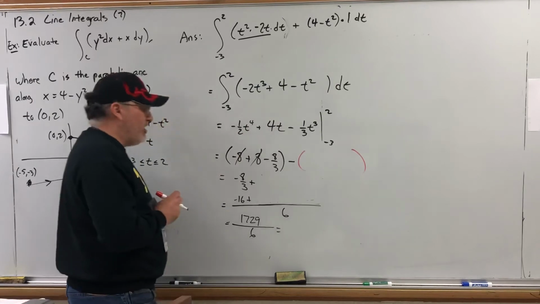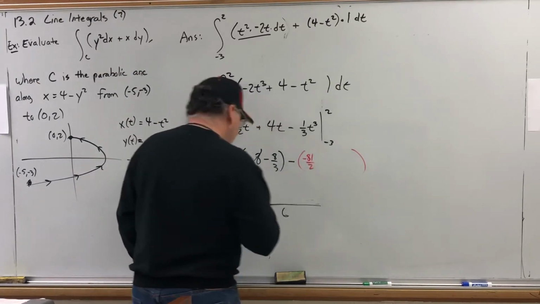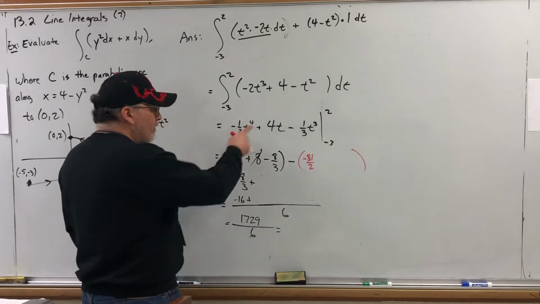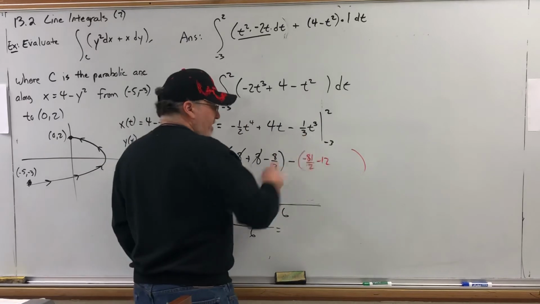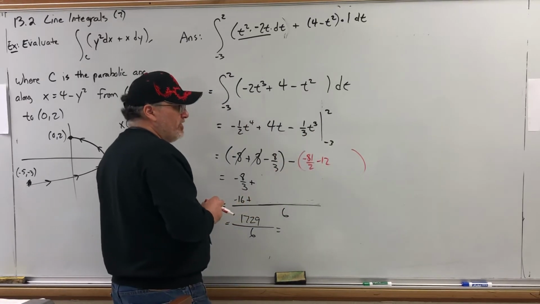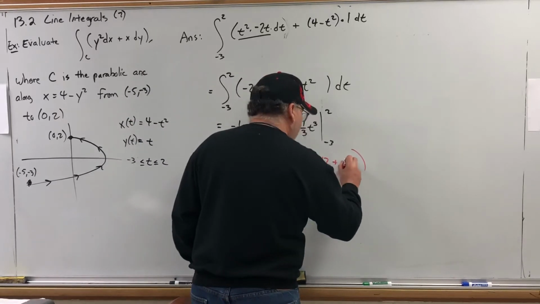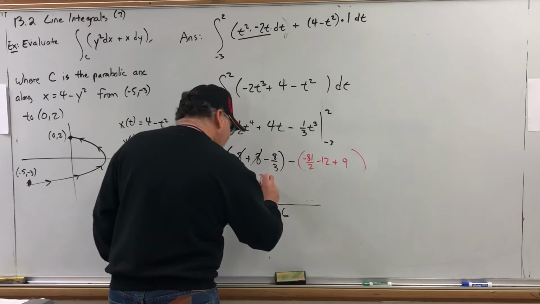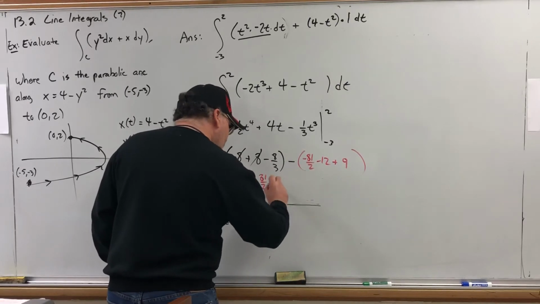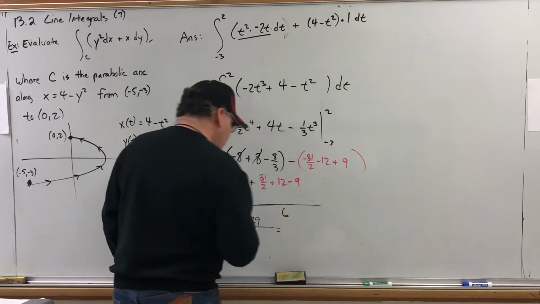Negative 3 to the 4th power is 81, so this is negative 81/2. 4 times negative 3 is negative 12. Negative 3 to the 3rd power is negative 27, times negative 1/3 is positive 9. So when I distribute the negative, I get 81/2 plus 12 minus 9.